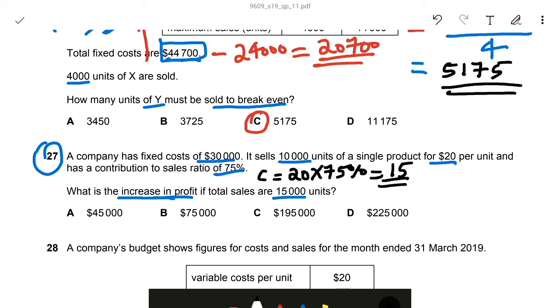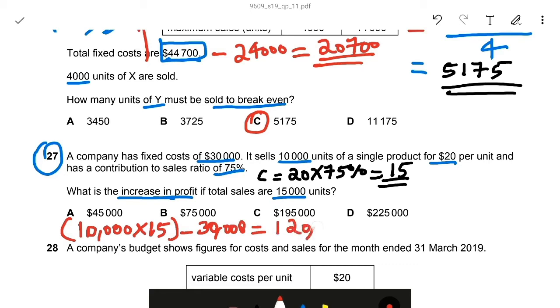So 10,000 units profit is 10,000 multiply contribution, then minus fixed cost. What is the profit? It will be 120,000 in 10,000 unit.